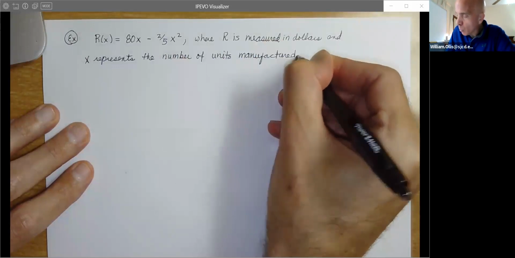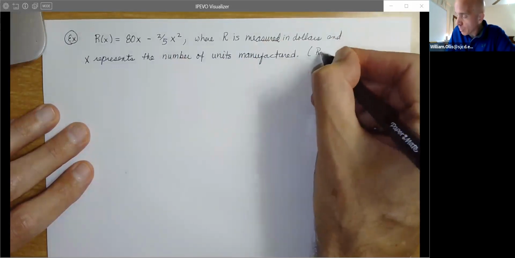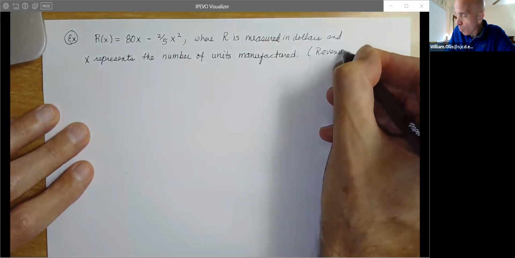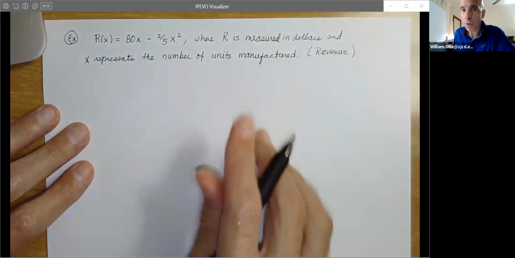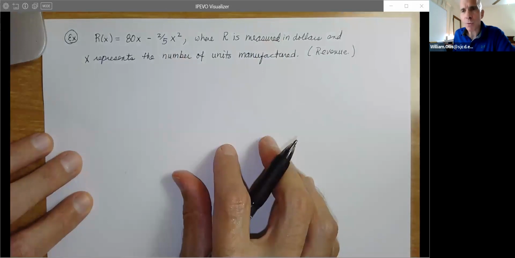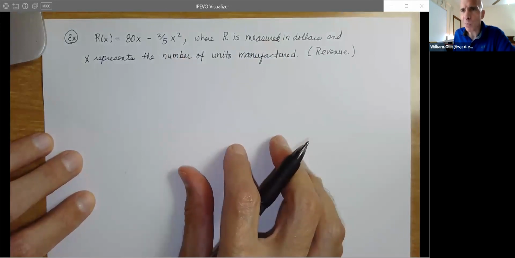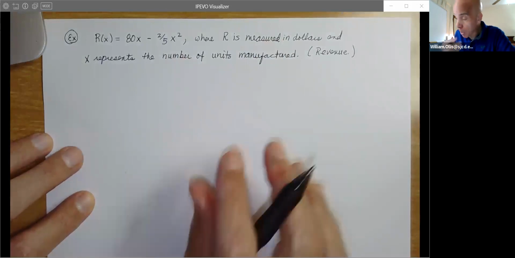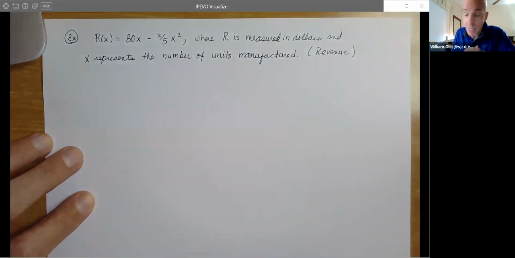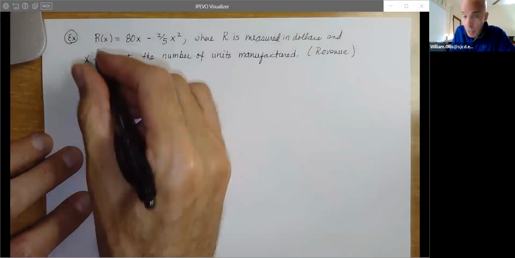So we were thinking of revenue. We've had a problem like that before, and that was a great word problem in 1.8. Nice symbolic computation.